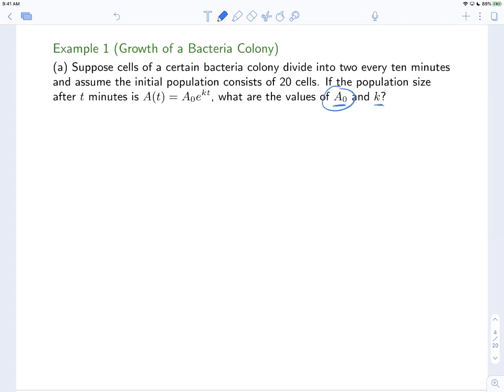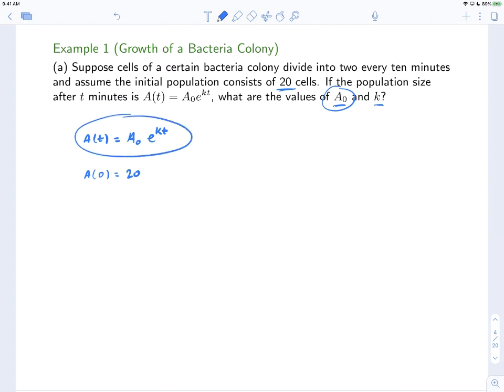Well, A₀ is the initial population, so we already know that's going to be 20 cells. But let's just write everything out. A(t) is equal to A₀ e^(kt). Now what is it that we know? Well, we know that the initial population is 20 cells. So that tells us that A(0) is equal to 20.